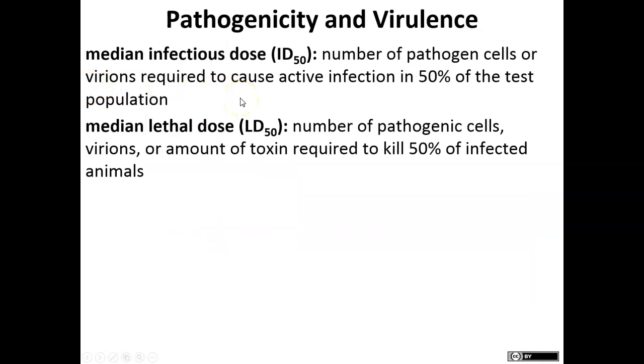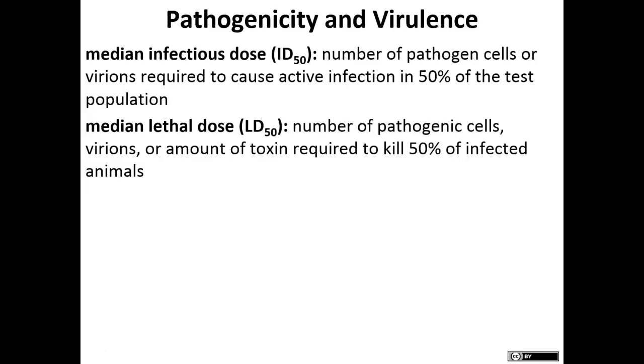The median infectious dose, or the ID50, is the number of pathogenic cells or virions required to cause an infection in 50% of a population. So if you have a population of rodents and you put out some microbe, the amount that would cause infection in 50% of those would be the median infectious dose, or the ID50.